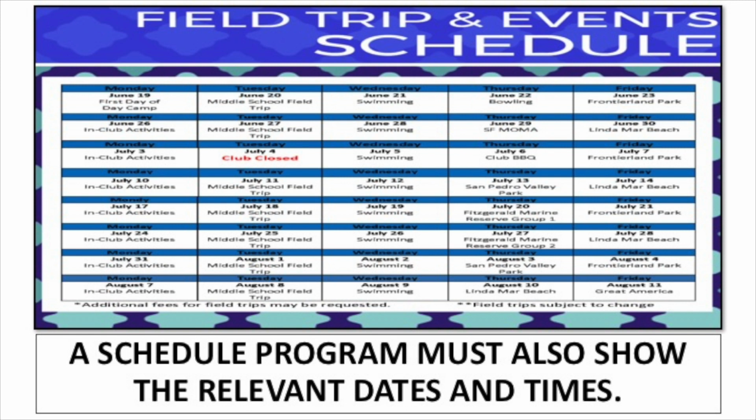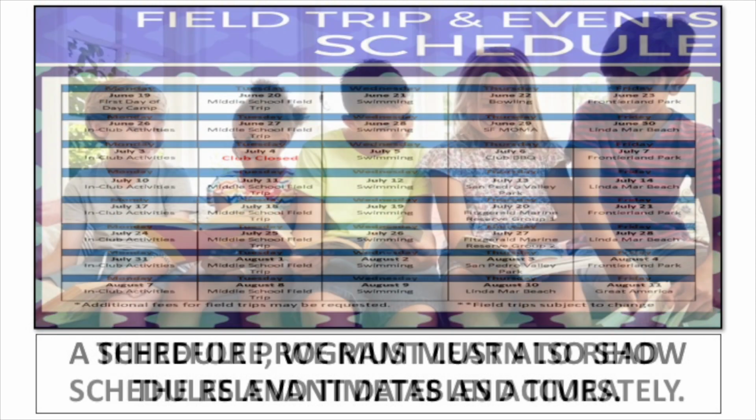A schedule program must also show the relevant dates and times. Yes, it can't just be times. If it's over many days, it has to have the date too. Otherwise, we won't know what day anything is happening. So usually dates and times.